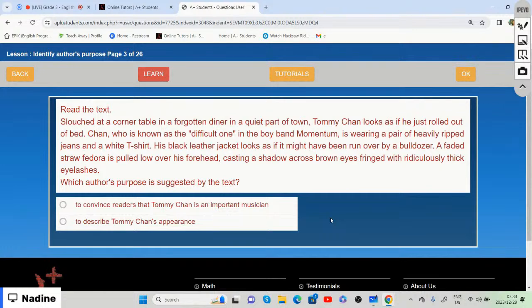All right, and the author's purpose that's suggested by the text is to describe Tommy Chan's appearance, right?